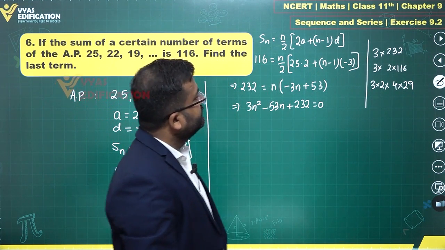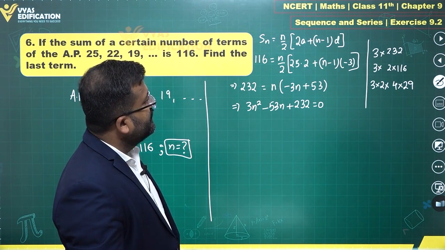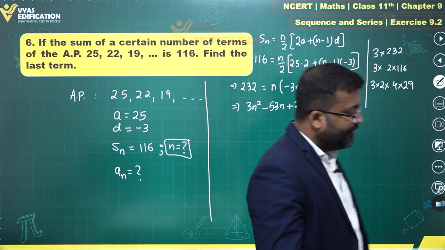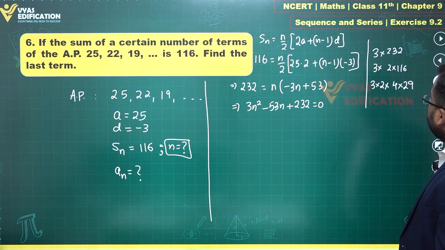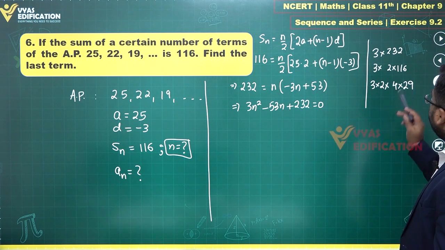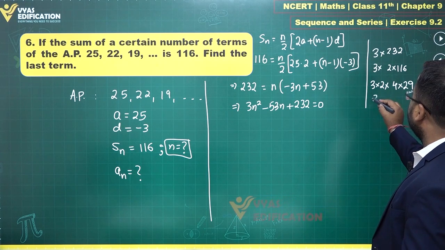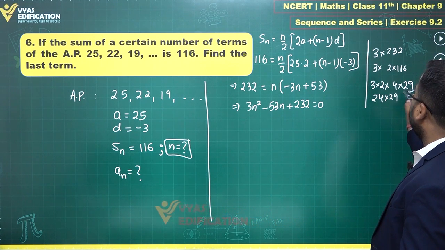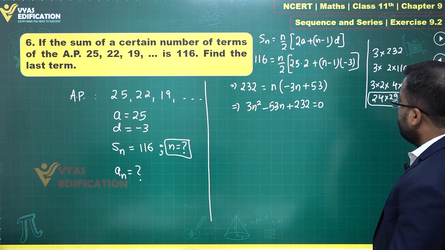Yes. 2 into 4 into 3. So 4 into this is okay. Now let's take a look at these numbers. This is 4 into 8. 8 times 3 is 24. 24 and 29, is that equal to 53? Yes, 24 and 29. This product is equal to this product. The sum of these two terms is 53.